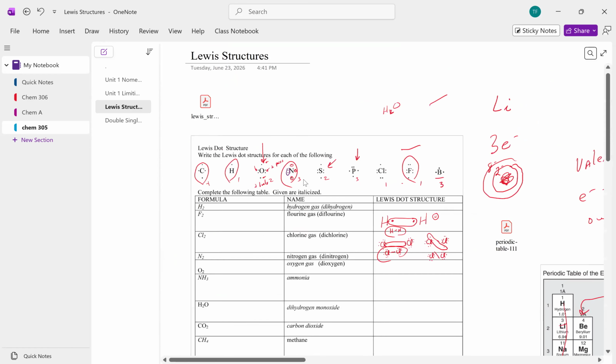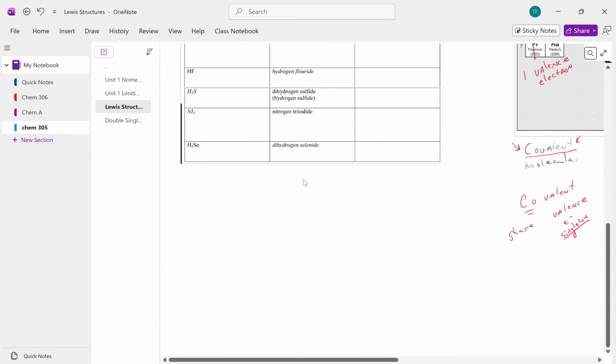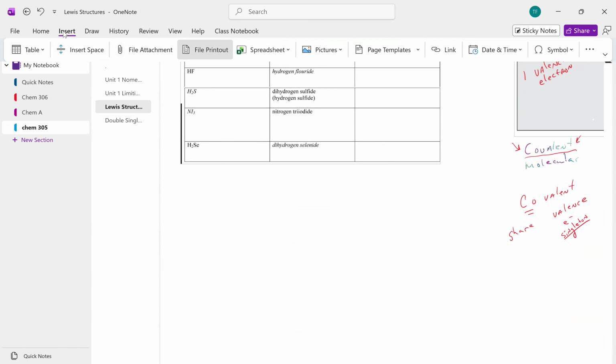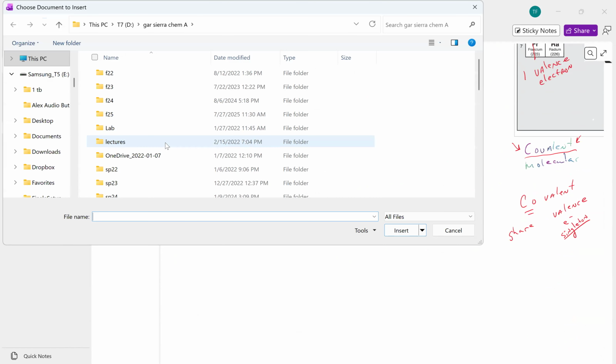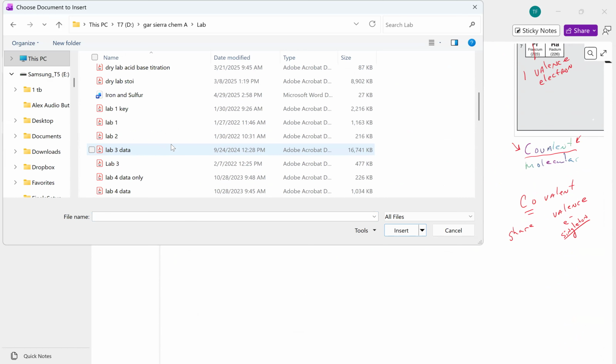There are, I didn't load it. I need to load it here real quick. First, I gotta find it now.